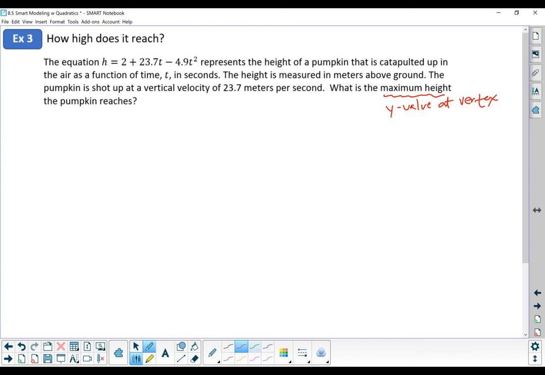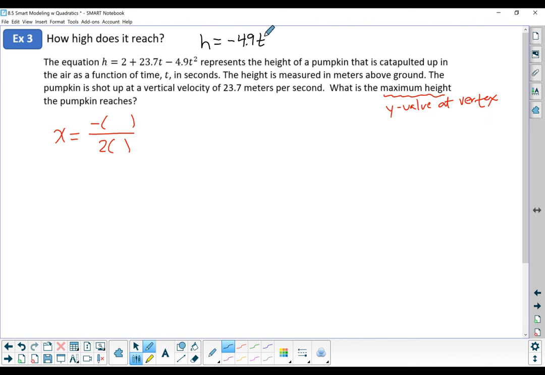So if we're thinking about a quadratic, the vertex happens when x is equal to the axis of symmetry. So we're going to start by calculating our axis of symmetry. Now, this equation and really the last one are maybe a little bit tricky because they are not in standard form.